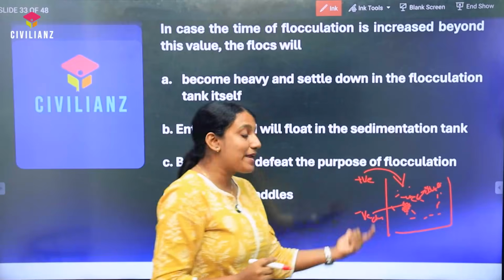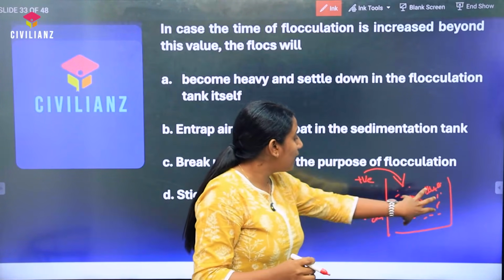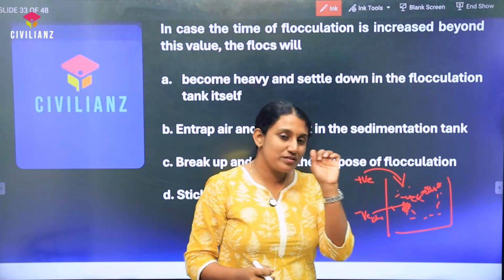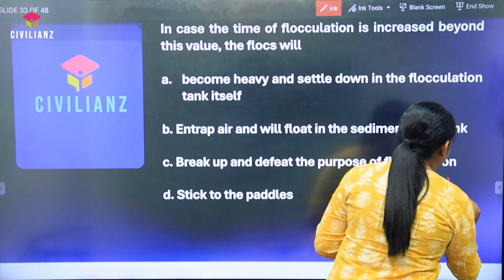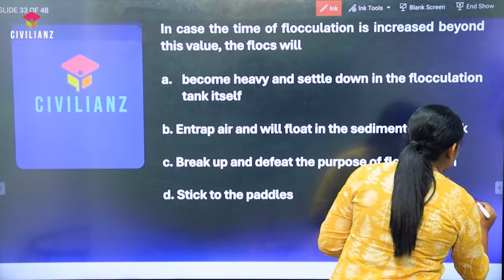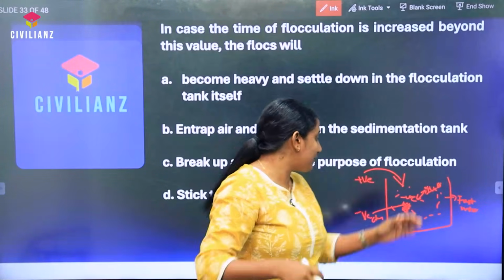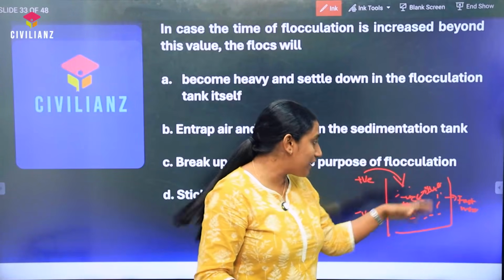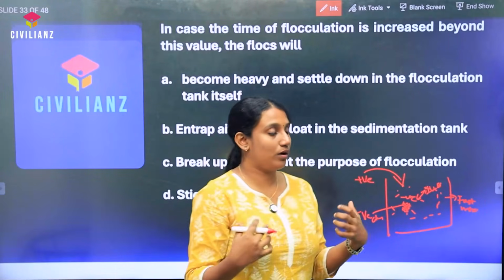So coagulant is used for colloids, helping attract positive or negative charged particles and form flocks. We introduce fast mixing because fast mixing increases the velocity and movement of particles inside the water, helping them form more flocks.